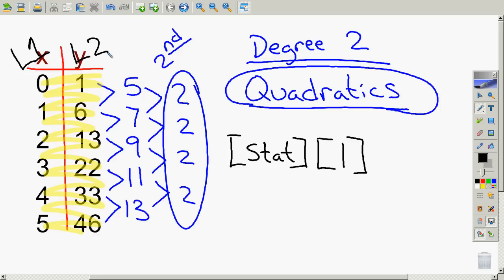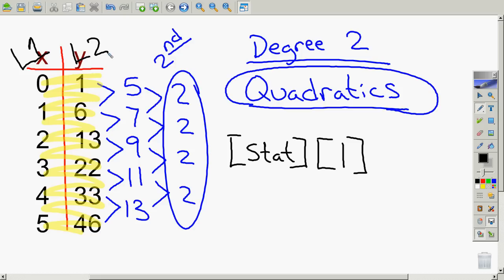Okay, so go ahead a second and put those all in. And if you need to pause this, go ahead and pause it until you're done entering those into L1 and L2. Okay, now that you're done entering those, then you should see them on your calculator in L1 and L2.